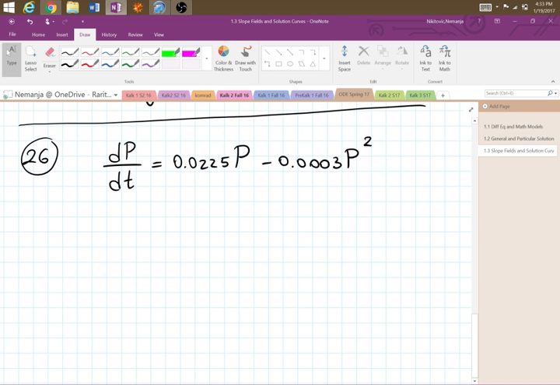You construct the slope field in the same way. Nothing new. You say my slope m, which is dP/dt, is 0 for the first one. So if it's 0, you need to graph 0.0225 P minus 0.0003 P squared equals 0.